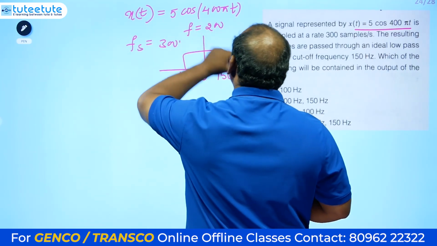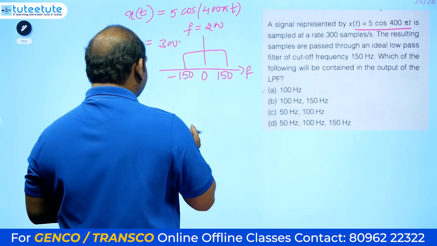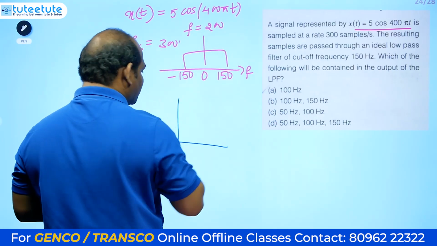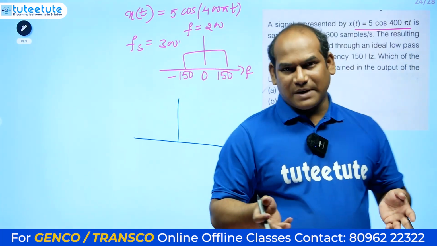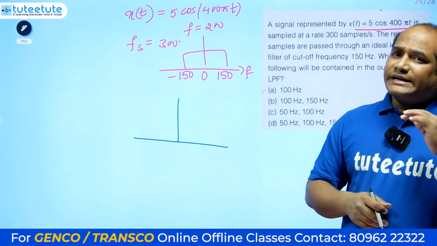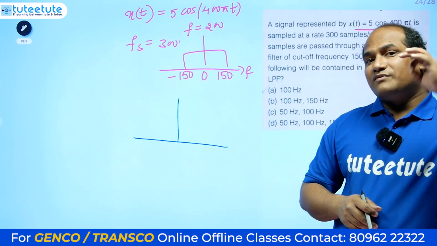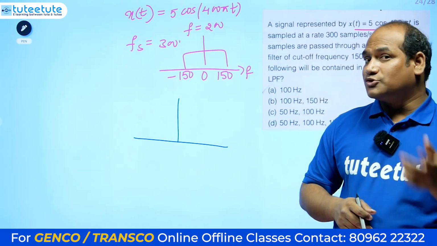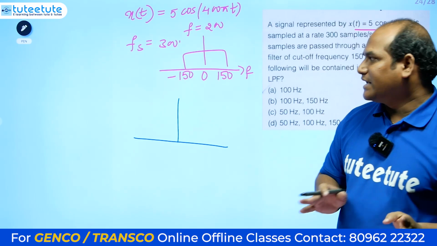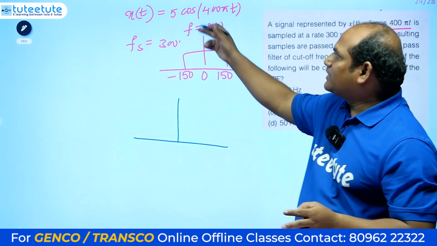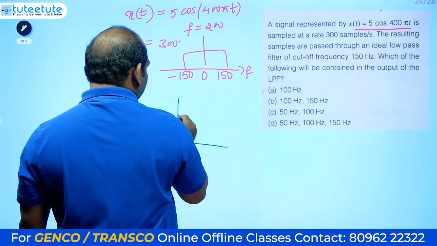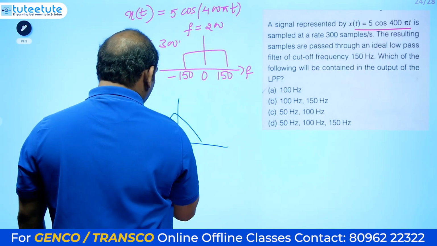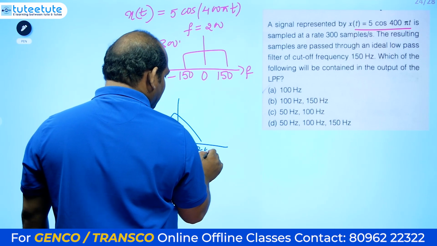Even though the given signal is the cos function, for simplicity I am taking a triangle function here. Generally in the sampling theorem, for explanation purposes, we take a triangle pulse. It does not mean the time domain signal is a sinc square. For explanation purposes only I am taking this, but the concept can be applied to this cos function also. As the maximum frequency is 200, you have to take it like this, minus 200 to plus 200.